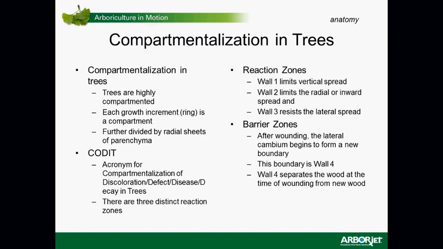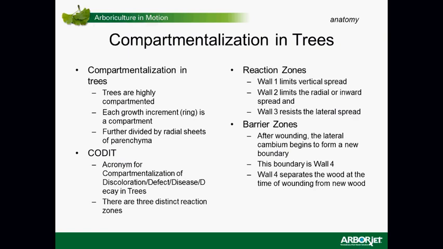Just want to talk a little bit about compartmentalization in trees, because this is part of tree defense. Trees are highly compartmented. We talked about growth rings, which are increments, and we looked at the anatomical feature, and then we looked at how those increments are bounded by parenchyma, and we looked at some cross sections that did that.